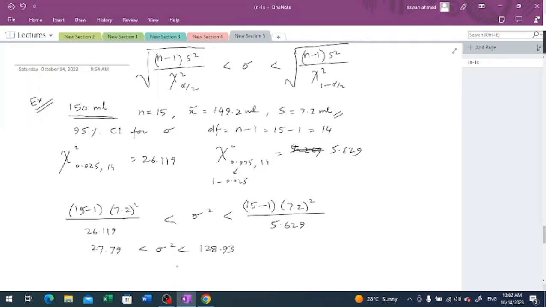The square root of 27.79 is 5.27, and the square root of 128.93 is 11.353. This is how we get our answer for the population standard deviation.